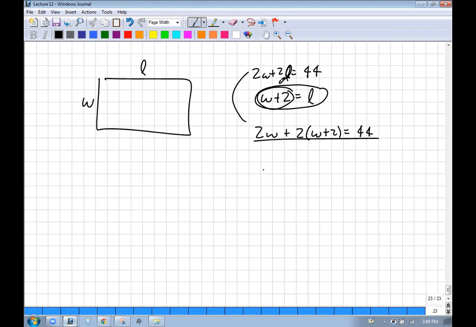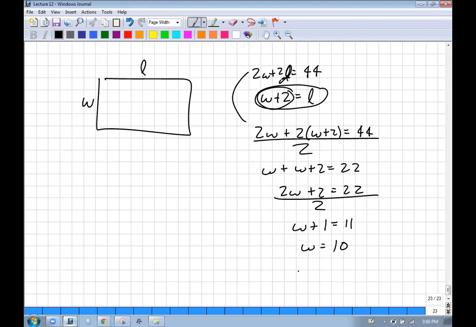We divide everything by 2. W and W is 2W. Divide everything by 2 again. The W needs to be 10. Since W is 10 and L is W plus 2, L has to be 12. 12 and 12 is 24, and 10 and 10 gives us our 44.